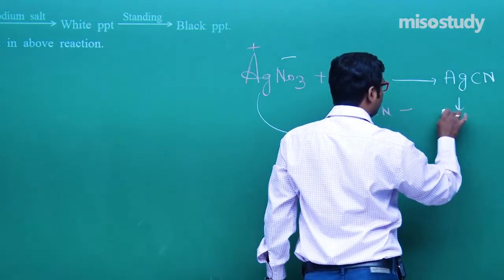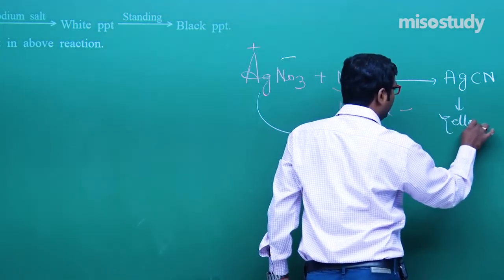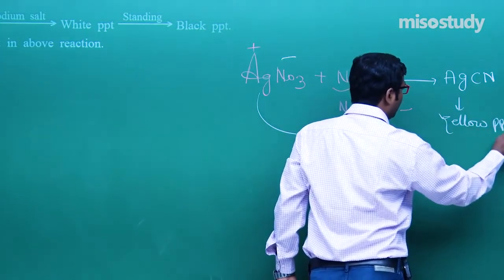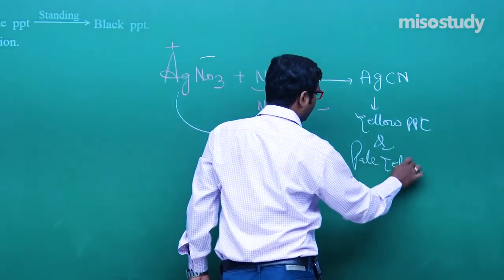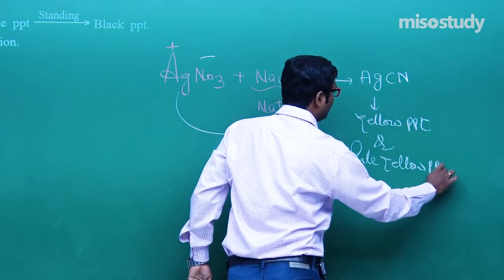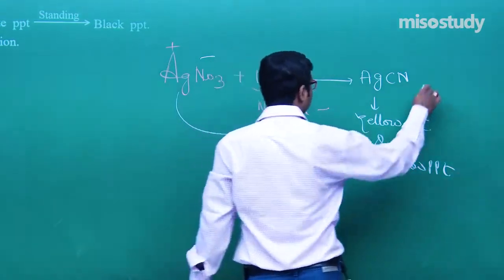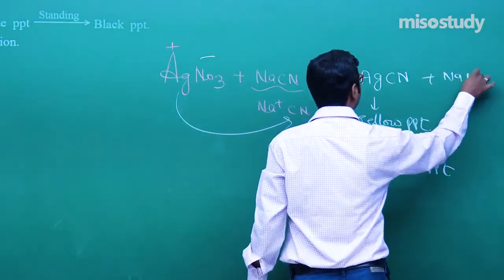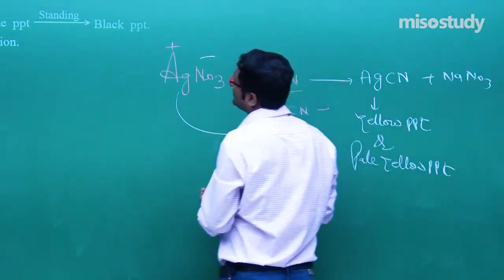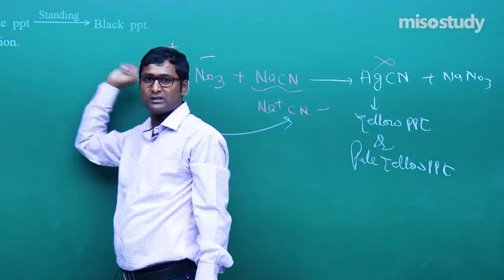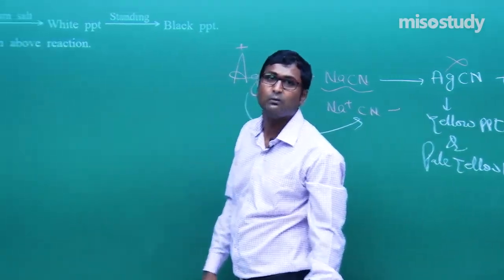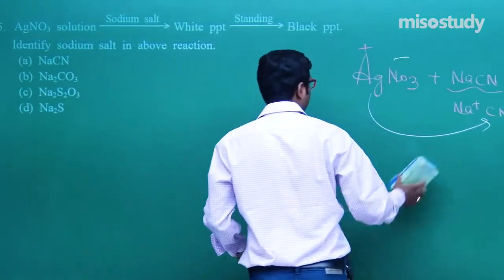As we know, this is a yellow, or pale yellow, precipitate. Clear to you? And the byproduct is NaNO3. Here the question says it gives a white precipitate, so definitely this is not the correct option because this is a yellow precipitate and the question says white precipitate.